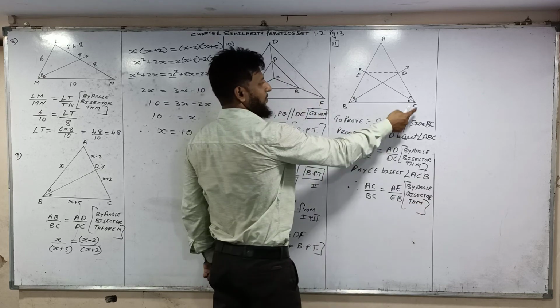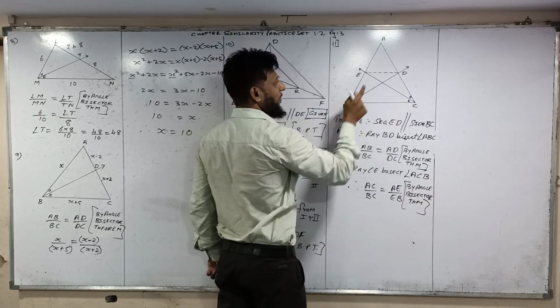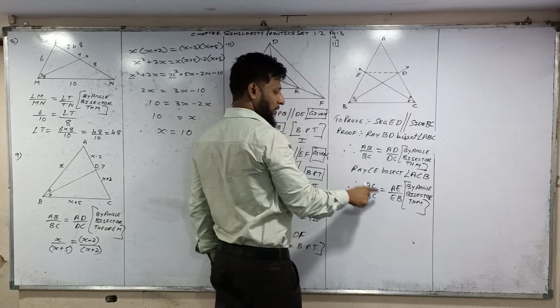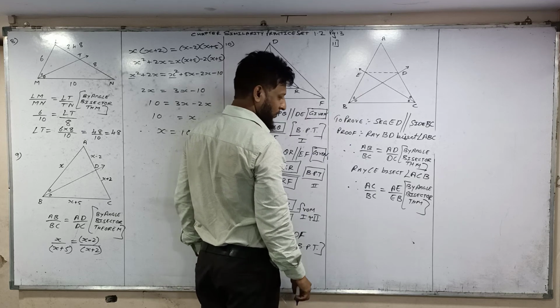You can see this is the bisector of this angle ACB. Then AC upon BC equal to AE upon EB by angle bisector theorem.